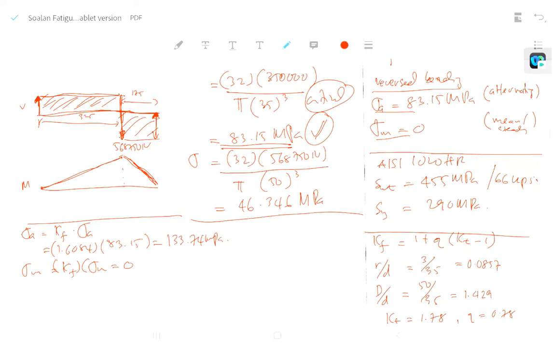Okay, so you get this one, the alternating stress after considering the factor. Then you need to calculate the endurance limit Sn by considering all the modification factors. So Sn is CL times CG times CS times CT times CR times Sn prime.